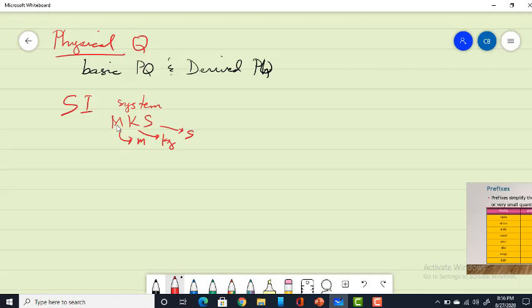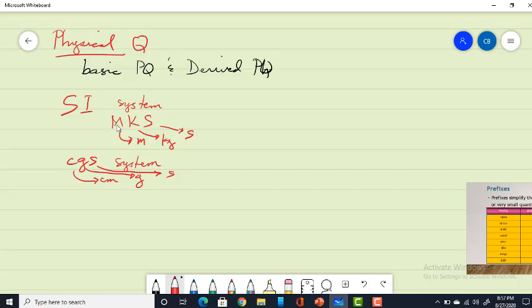That's the reason why it's MKS. We also have the CGS system. CGS stands for centimeter, gram for the mass, and second for time. That's the reason why it's CGS.